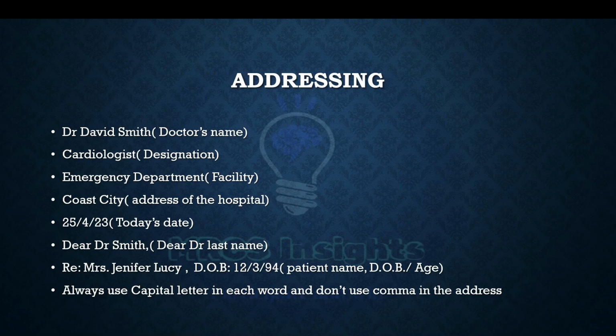In addressing, write the doctor's name, then designation, facility name, address of the hospital, and then write today's date and address the doctor as Dear Doctor and write the last name of the doctor. Then write patient's name and his date of birth or age. Always use capital letter in each word and don't use comma in the address.